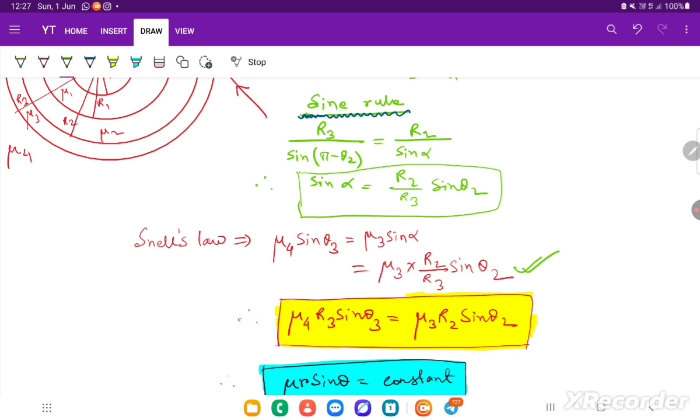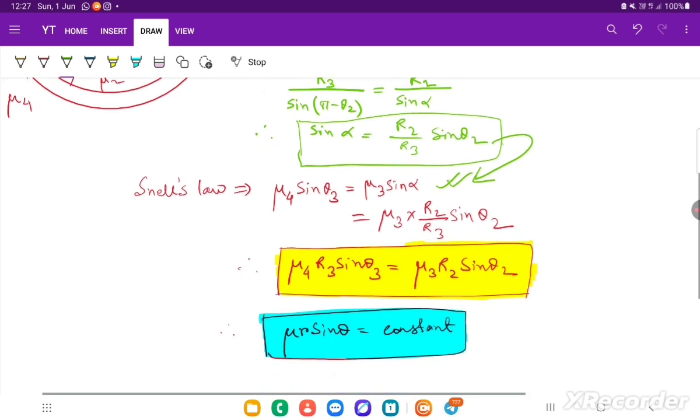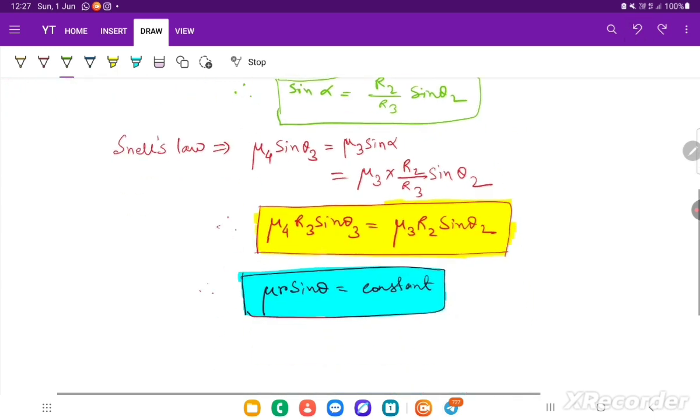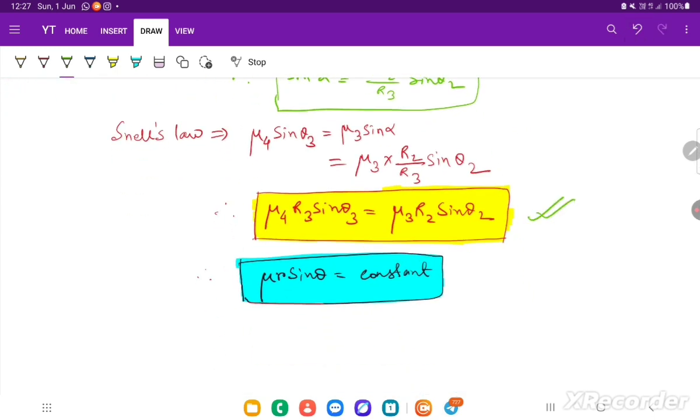This is just simple Snell's law, not even needing explanation. Now we substitute the value of sine alpha here, and we get mu4 sine θ3 equals mu3 into r2 upon r3 sine θ2. Rearranging the terms, we get the desired result: mu4 r3 sine θ3 equals mu3 r2 sine θ2.